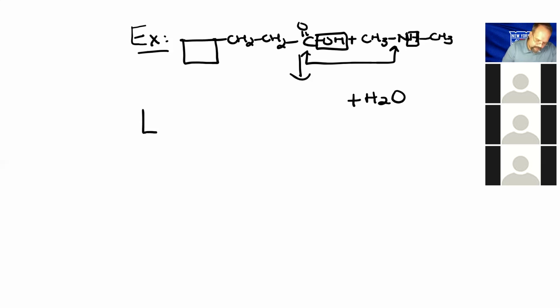To draw the amide, I'm going to start with the carboxylic acid portion first. Everything stays the same until I get to the C double bond O carbon of the carboxylic acid. And once I get there, now I have my transition from the carboxylic acid into, in this case, the amine. So I have my bond between the C double bond O carbon and the nitrogen. Now, when the hydrogen comes off the nitrogen, what are the 2 things that are still attached to the nitrogen?